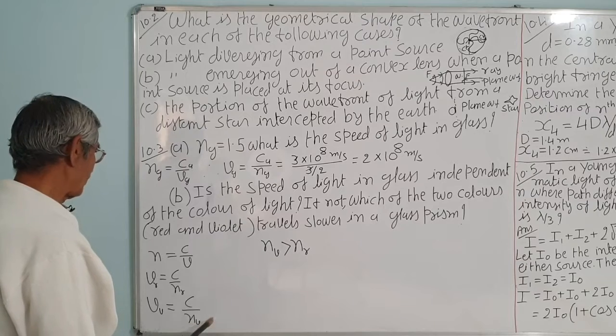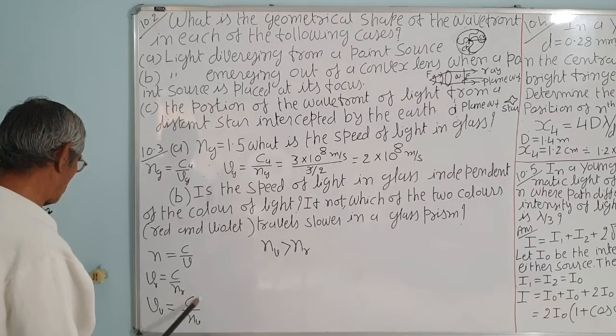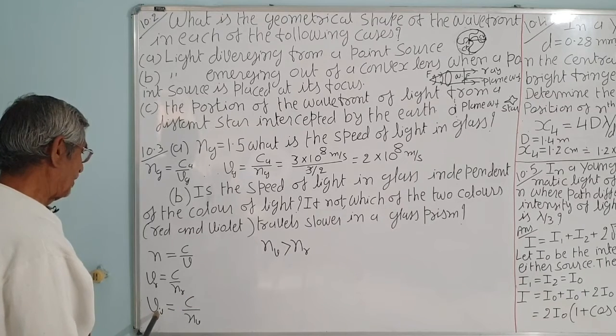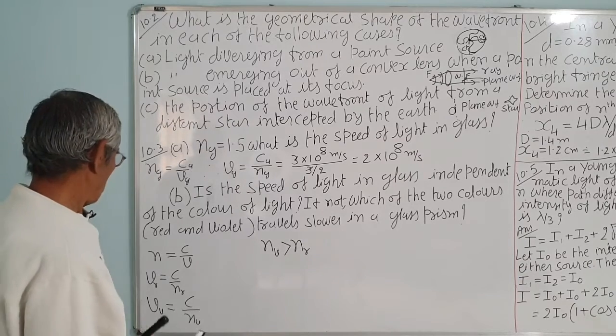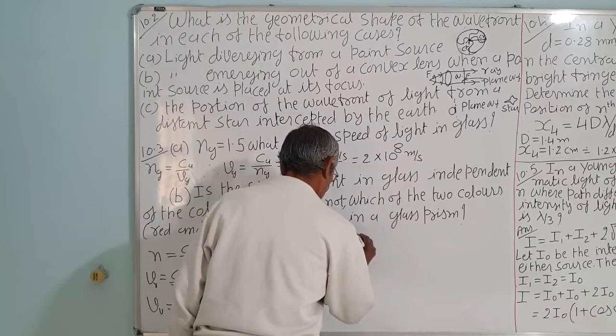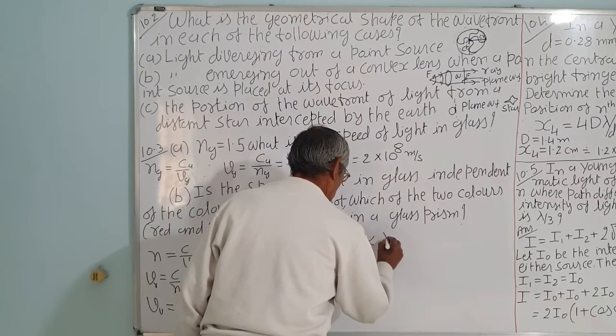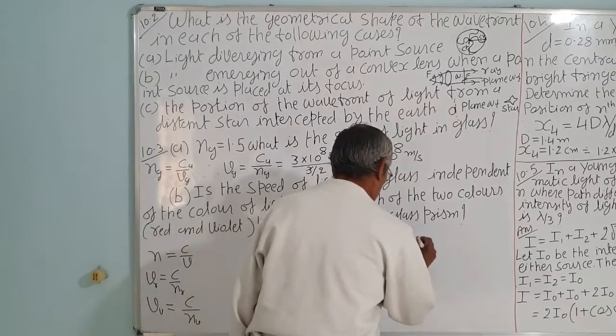Now nV is greater than nR, so this ratio will be less. So velocity of violet will be less. Or you can say velocity depends upon lambda. Velocity is directly proportional to lambda. Remember, red goes faster.